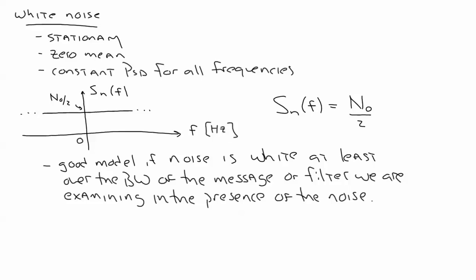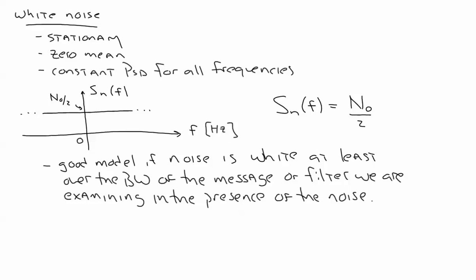So strictly speaking, having a constant power spectral density over an infinite frequency bandwidth is not really physically realizable, but it's a pretty good model if the noise is white, at least over the bandwidth of the message or filter we're examining in the presence of our white noise.